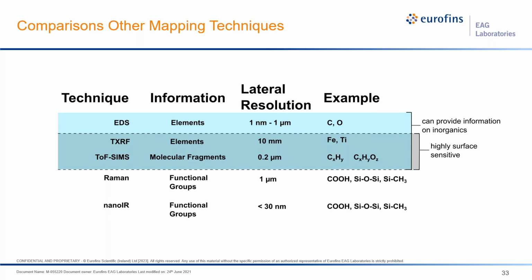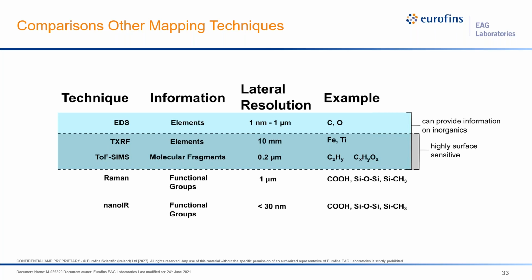So in terms of how this matches up with other techniques, if we speak just towards the imaging side, what we can see is that it really gives you the molecular level information that you need to identify what compound you might be dealing with.